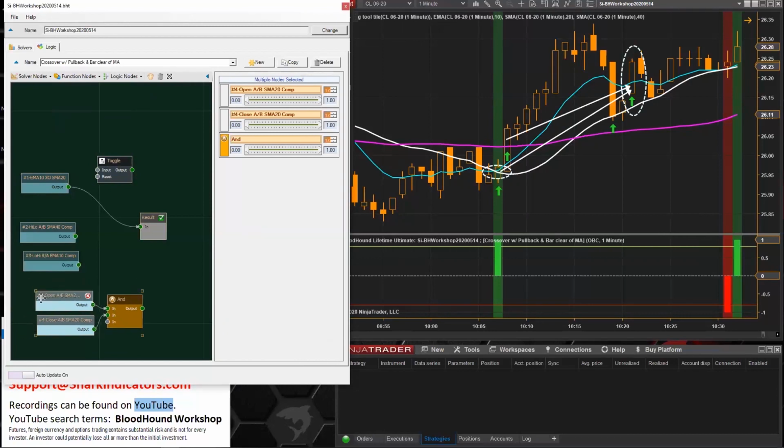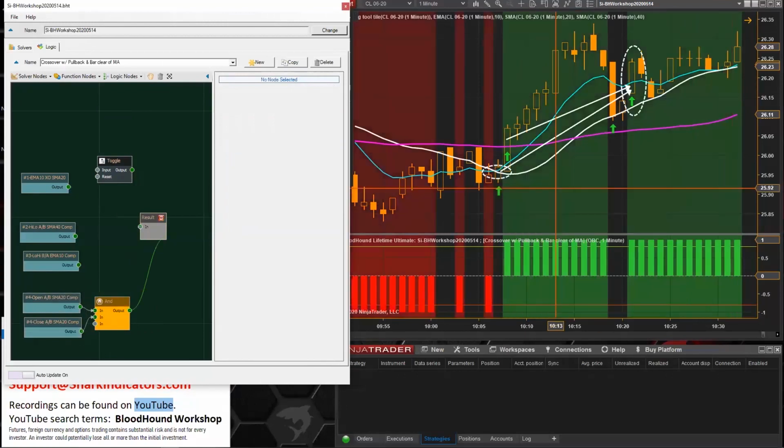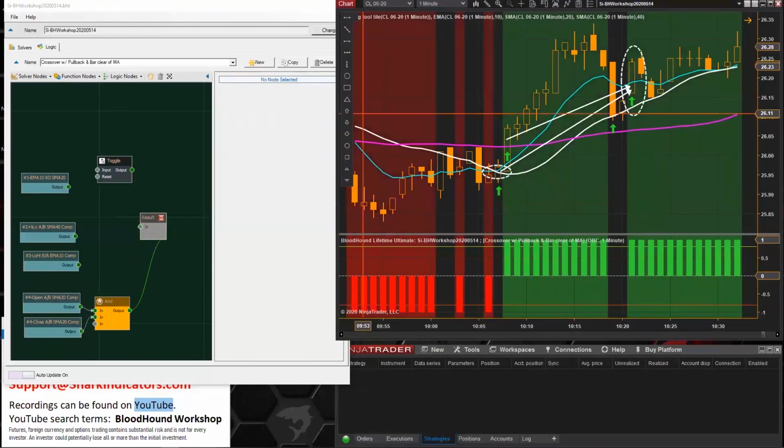So if this logic here, let's connect that up. Remember, if this logic produces a short output, say over here, it would disqualify this long setup.